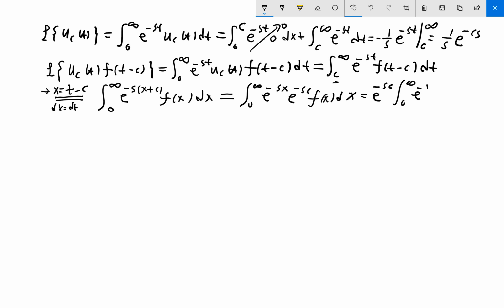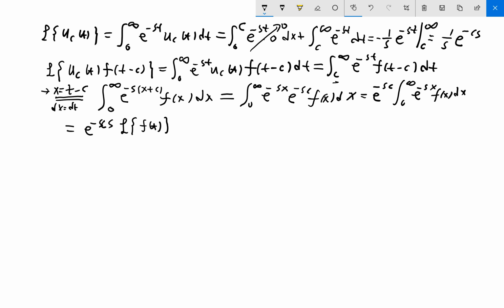So you get the integral of e to the negative sx f(x) dx. Here x is a dummy variable. You can use either x or t. Doesn't matter. They give you the same thing. So they give you e to the negative cs times, that's exactly the Laplace transform of f(t).